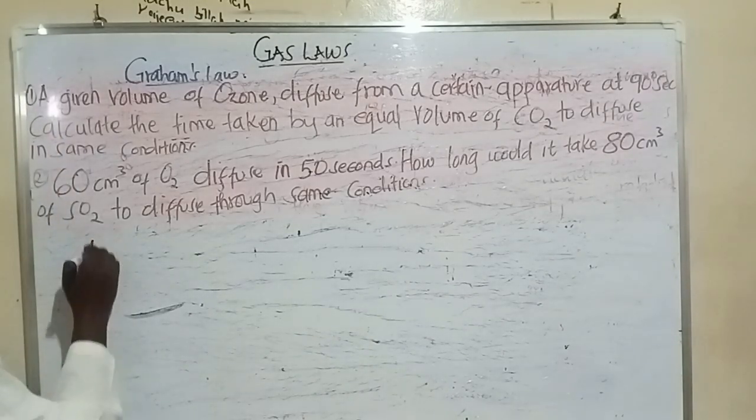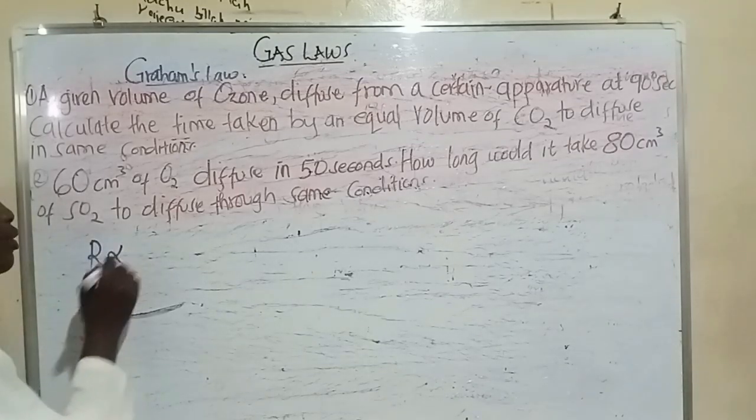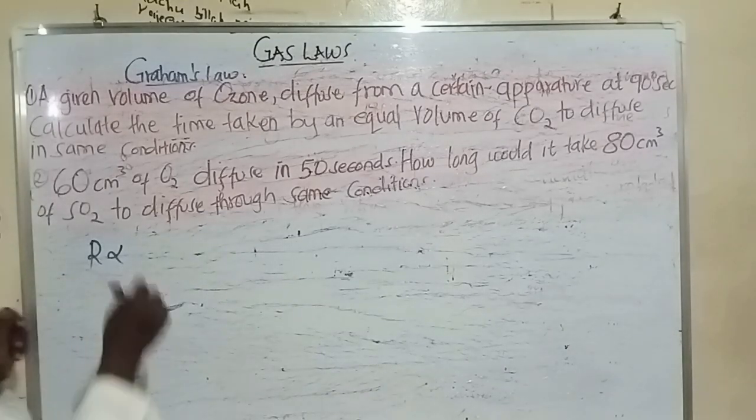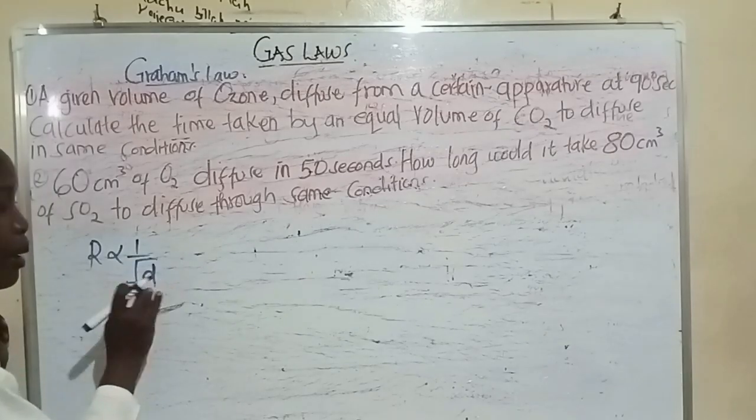This is represented like this. So we are saying the rate of diffusion of a gas is inversely proportional to the square root of its density at constant temperature and pressure.